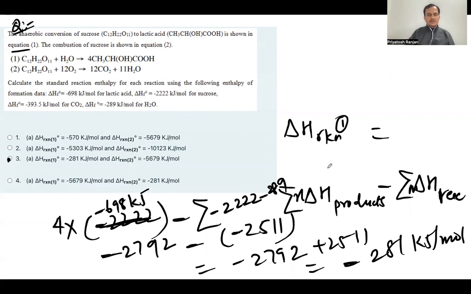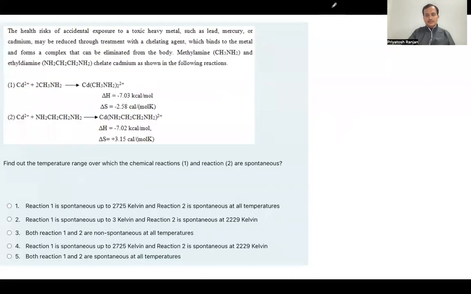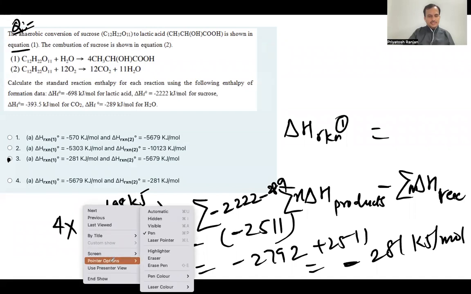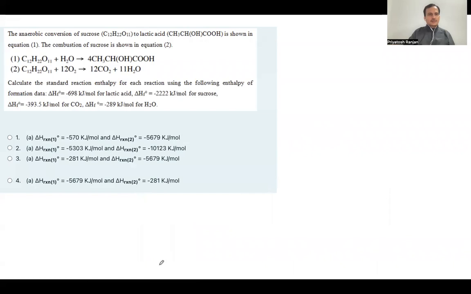You can calculate it this way: 11 H2O, the enthalpy of formation of H2O is minus 289, plus the enthalpy of formation for the other product.